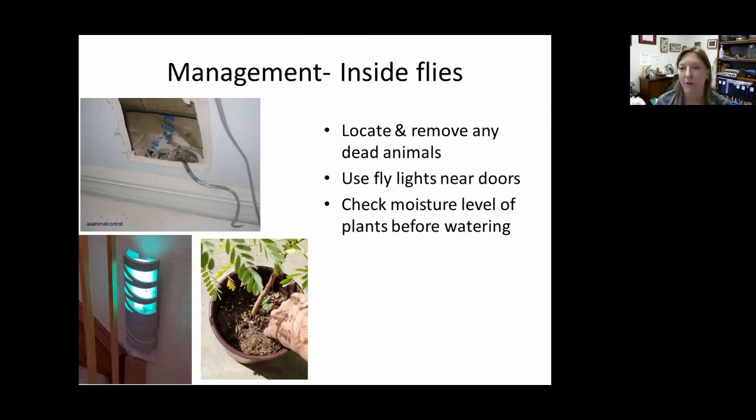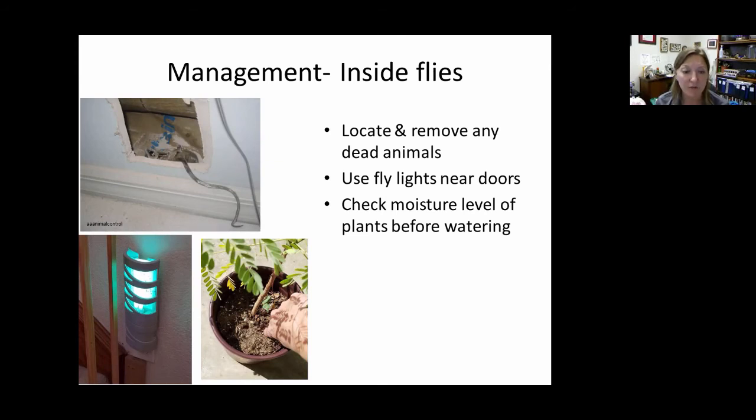They need to open that up and get whatever dead animal is in there out of the wall void, and then once that happens, the flies will go away because they're coming out of that carcass and they're helping to break it down, so they're doing a good thing. It's just not the greatest having them emerge into the house.